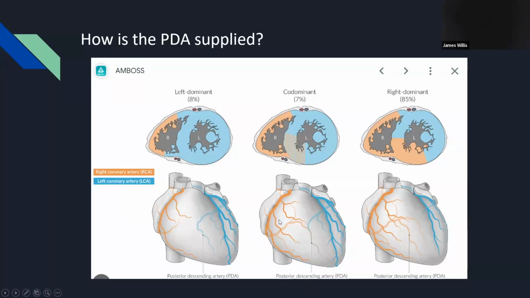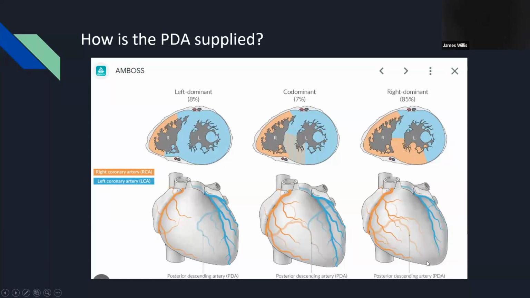So when we're talking about an inferior MI, there's signs on EKG that can tell us if we're worried about right ventricular involvement, right coronary artery occlusion versus circumflex occlusion. So if you have an ST elevation in lead 3 that's greater than lead 2, if you have presence of reciprocal ST depressions in lead 1, or if you have ST elevation in V1 and V4R, those are all signs of right coronary artery occlusion.